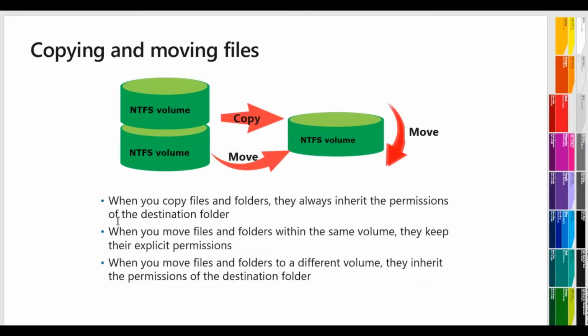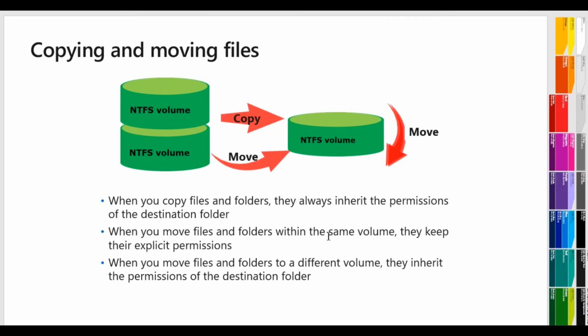Okay. Now, after that, copying and moving files on an NTFS volume, we can copy, we can move to other volumes. When you copy files and folders, they always inherit the permissions of the destination folder. So that means if you move something from here to there, whatever permission level you have in the destination folder, those permissions will apply to all the files.